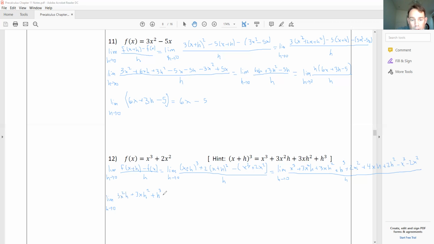I'm left with plus 4xh plus 2h squared. So we're going to factor the h out of the top.